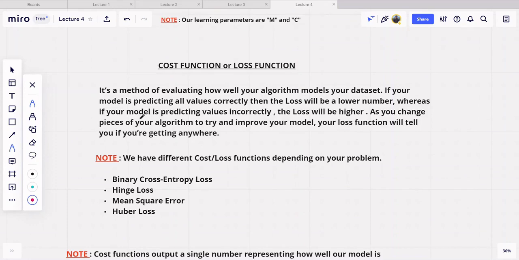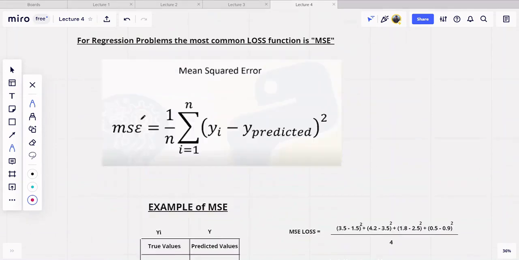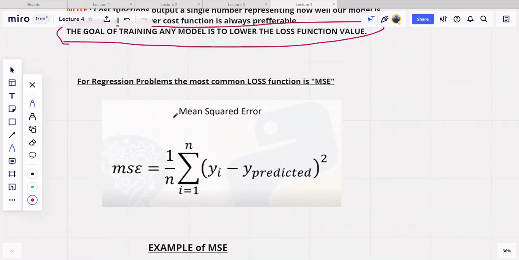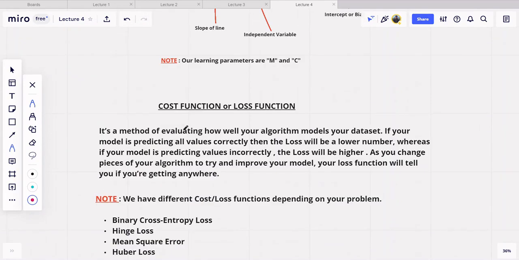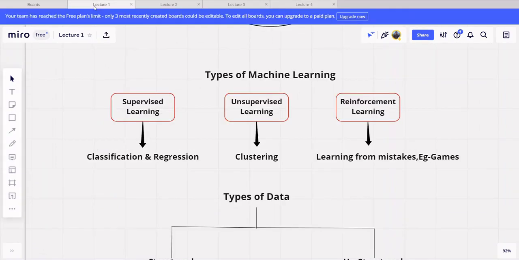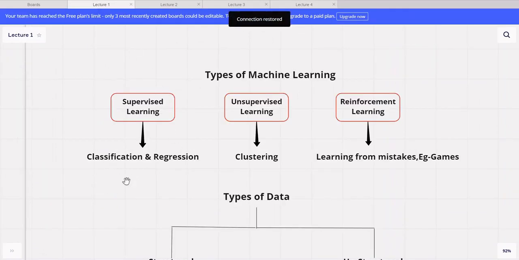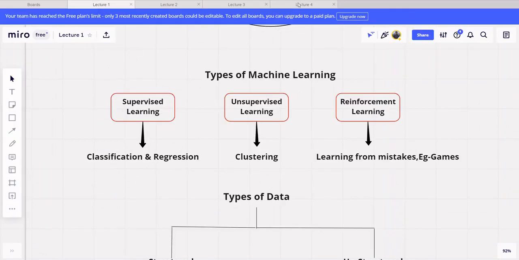For regression problems, as you can see on the screen, we use a particular loss function called mean squared error. It is used only for regression problems, whereas for problems like classification or clustering, we have different kinds of loss functions.